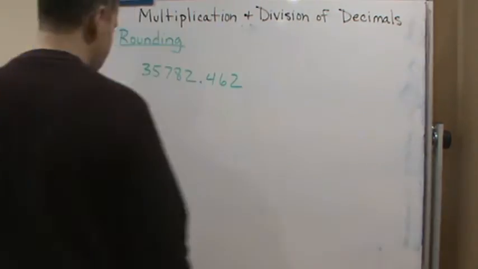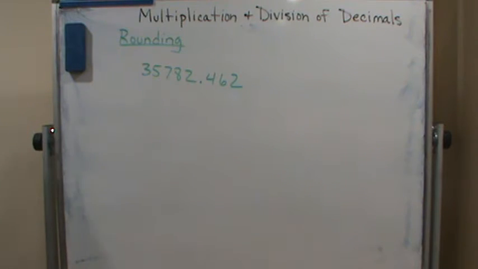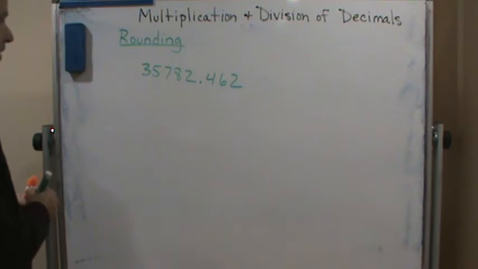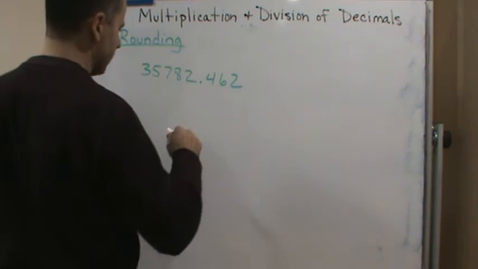So for example, if I wanted to round this to the nearest thousand, let's say. Where's the thousands place?